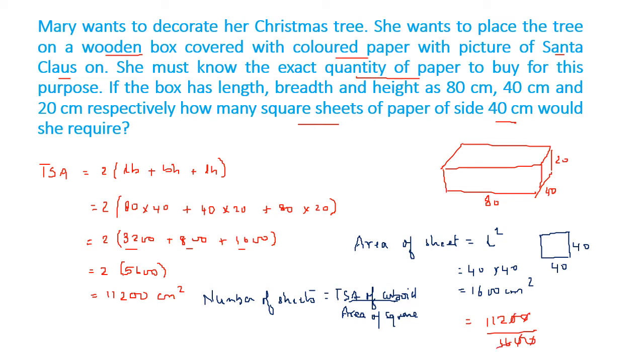Cut the zeros, 4 4s are 16, 4 1s are 4, 7. So 7 square sheets Mary will need to decorate her Christmas tree. So this is a sum just based on the formula we have just learned.